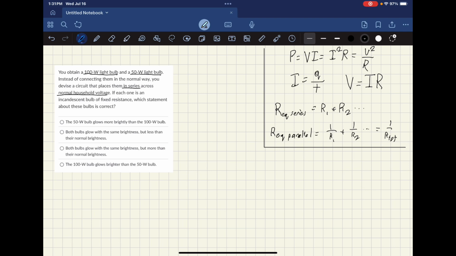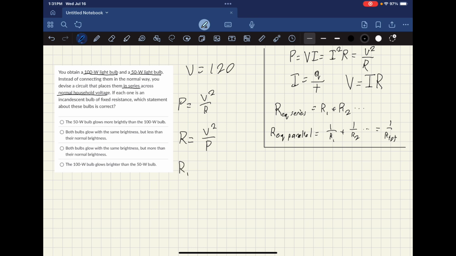So I'm going to choose our voltage to be 120, that's standard. For power, we have P equals V squared over R. If we want R by itself, you would multiply both sides by R and then divide both sides by P. So R equals V squared over power for each of these.